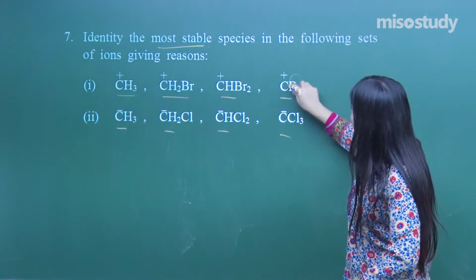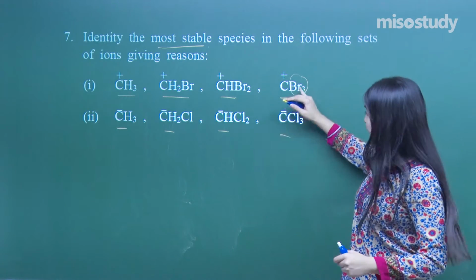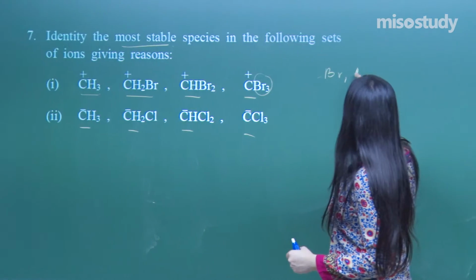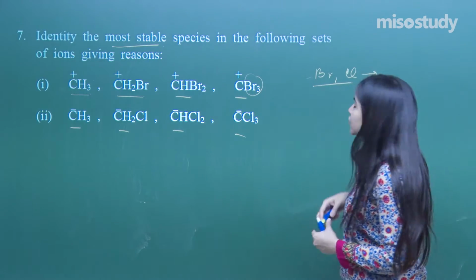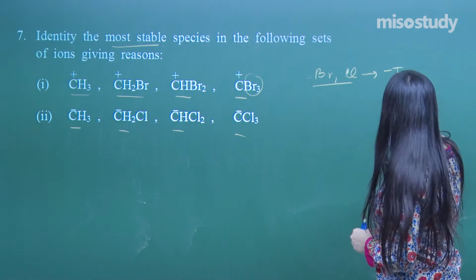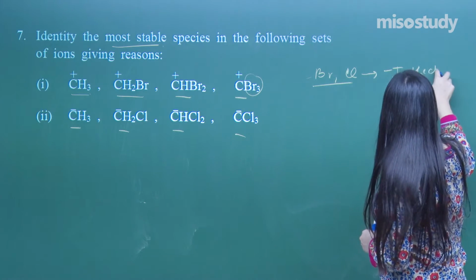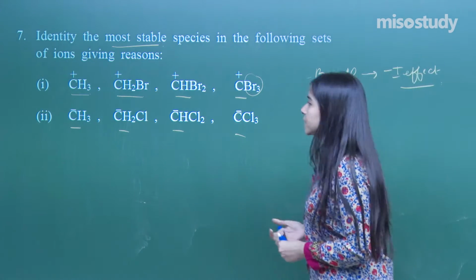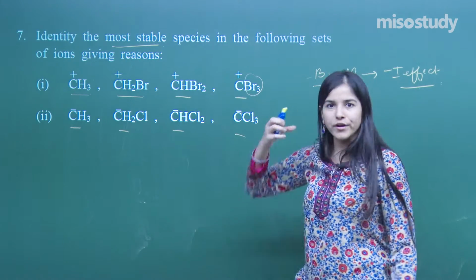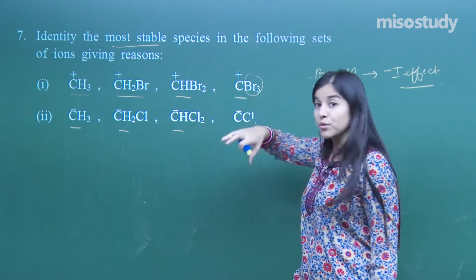So see here, I have got Br and Cl, right? I have got Br and I have got Cl. Both are showing what effect? It's the minus I effect, fine? It's the minus I effect. We know this. So that means they are withdrawing. The more the number of withdrawing groups attached, the more will be the positivity.